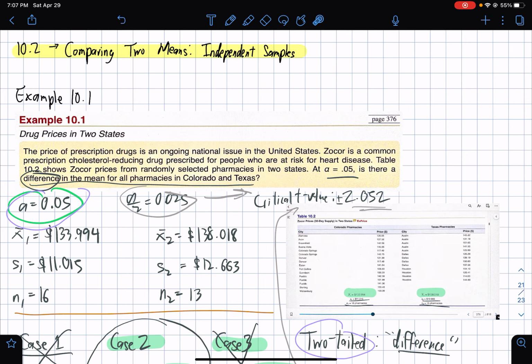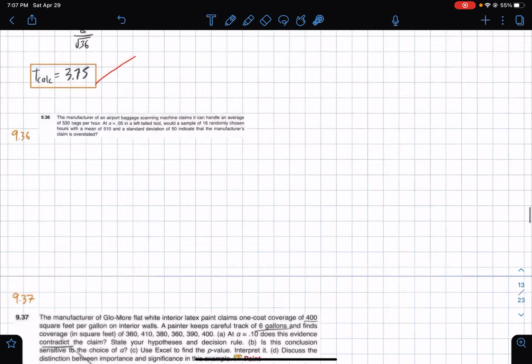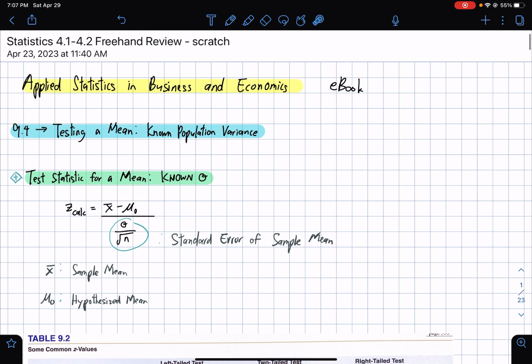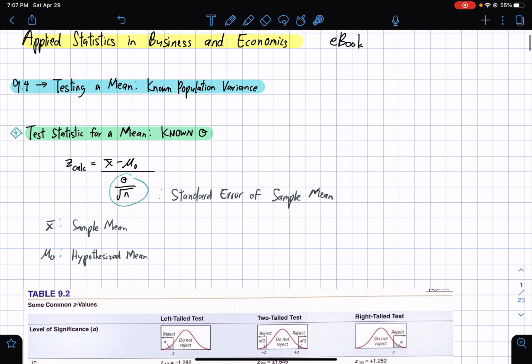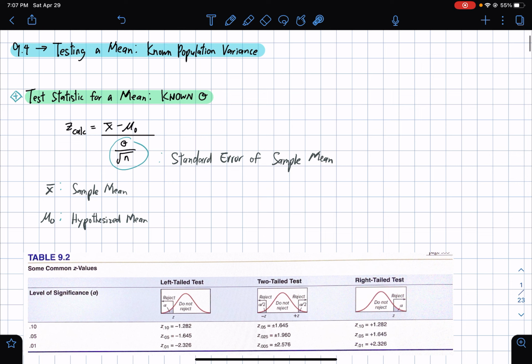Those lessons are fairly easy since they're basically about anything that revolves around this formula, that's the statistic for a mean, wherein the standard deviation is known, this one. I'll be mentioning this often.